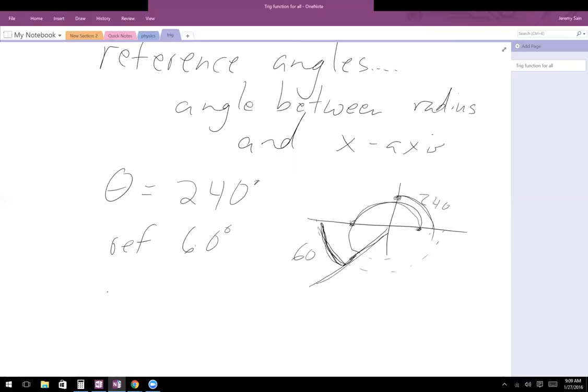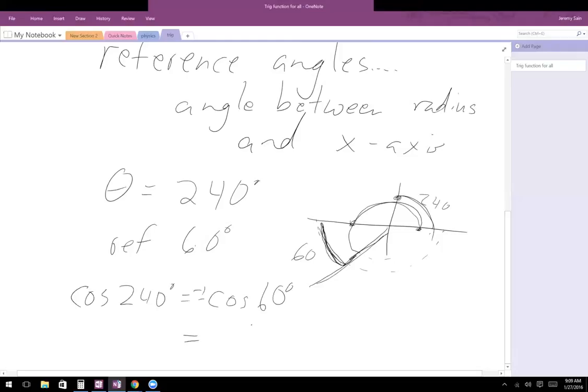So like if I wanted to know cosine of 240, well, if some evil mathematician or math teacher sometime made me memorize cosine 60, did some evil mathematician make you memorize cosine 60? No? Okay. So cosine 60 is a half. We'll do that here in a minute. We haven't done it. We talked about it a little bit before. So cosine 60 is a half.